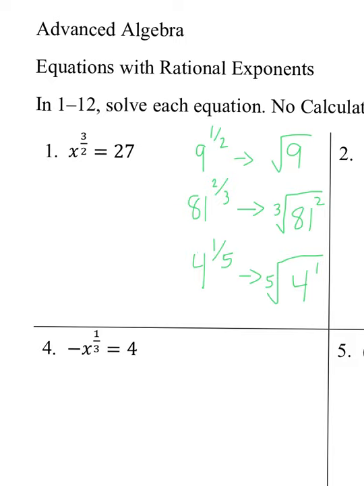Right? Because this 1 here, whatever is on top, the numerator, goes here. And then on the denominator of 2, remember, for square root, you can have an invisible 2, or you can write a 2 there.